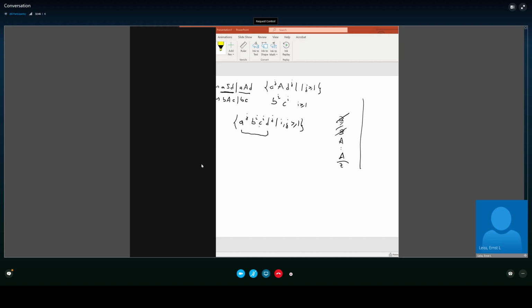Because if the stack is empty, then you can't continue doing anything, because there's nothing that allows you to keep on moving, so you need something that allows you to keep on moving.